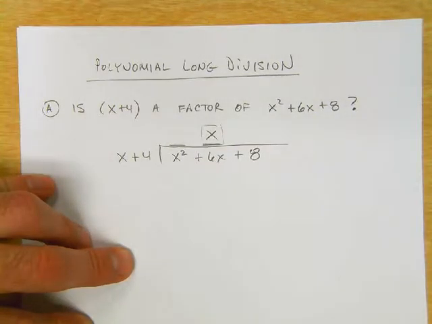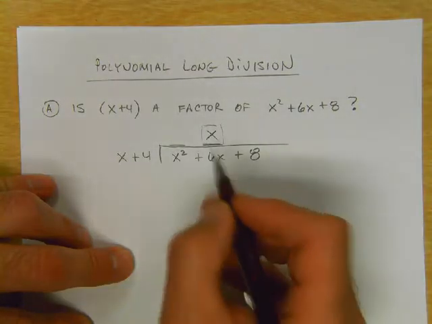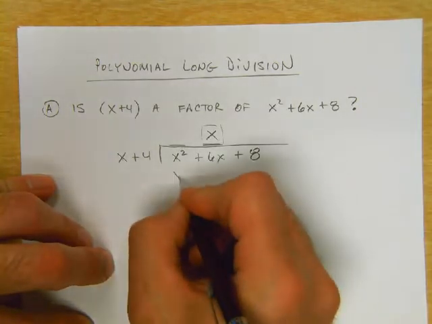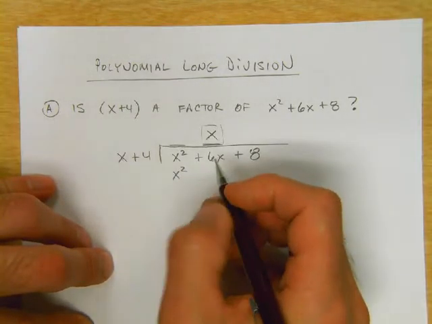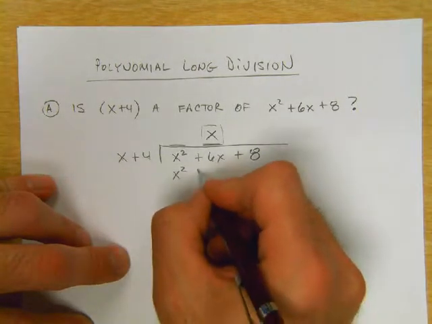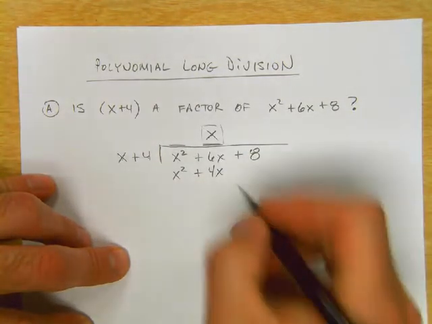So now we multiply. X times x is x squared, and x times 4 is 4x. Put this in parentheses and subtract.